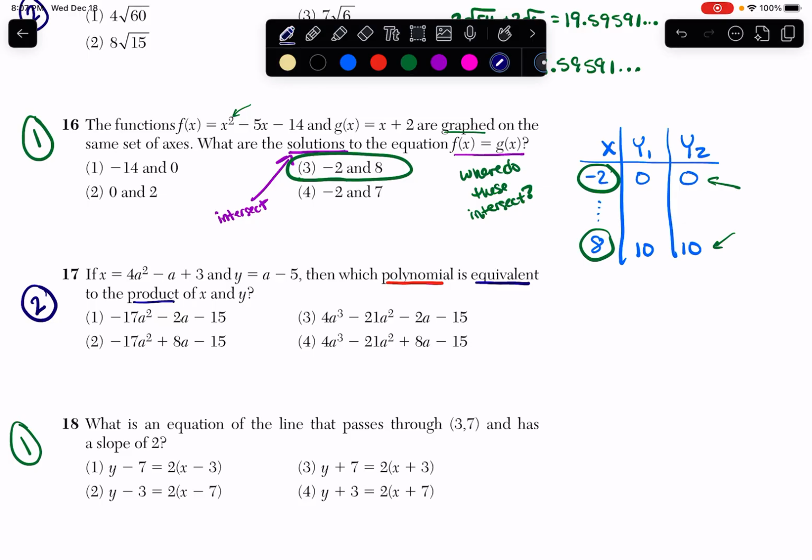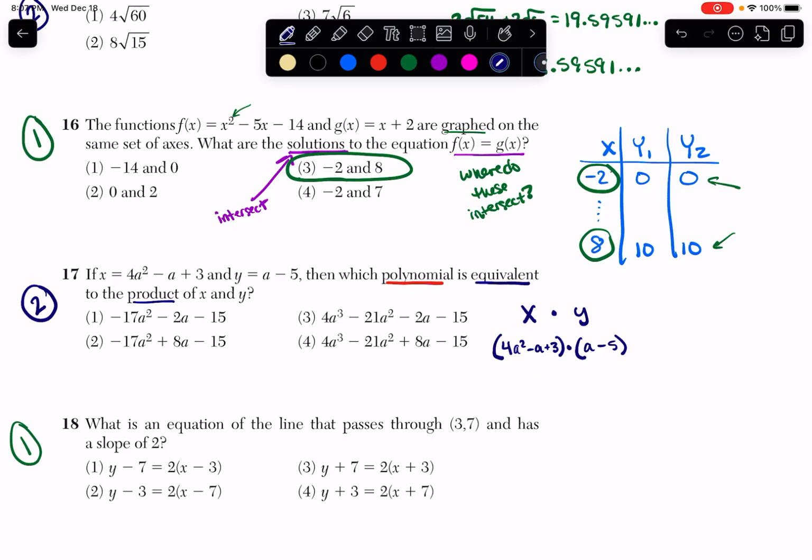So the lift here is, since we're looking for the product of x and y, what this is asking us to do is take x, 4a squared minus a plus 3, and multiply it by y, a minus 5. And it's asking us to multiply these two things together and figure out which answer choice that gives us. Now, we're going to learn how to do this in the spring.